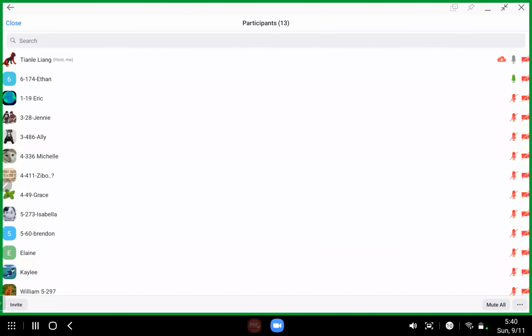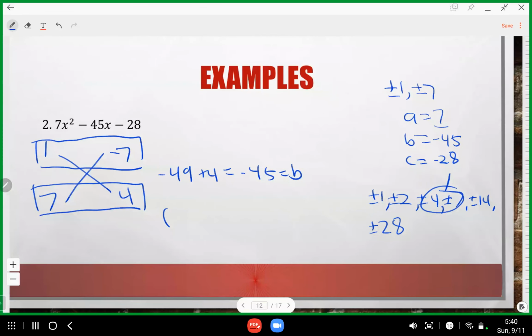Yeah. It's not hard, right? So you just go across. This 1 is going to correspond to the x, so x minus 7, right? So 1 and -7. Now do the next one. What is 7 and 4? What does that correspond to? 7x plus 4.